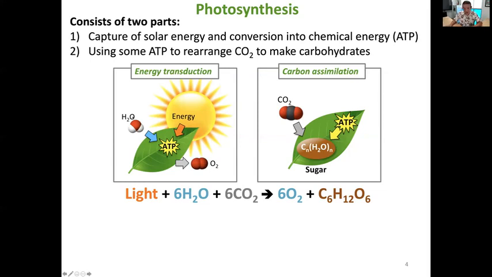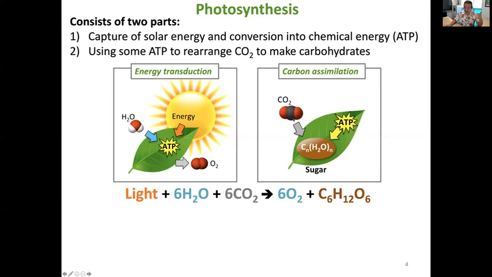The water is important for the first part, the energy transduction part, and the carbon dioxide is important for the second part, the carbon assimilation. Already you might get a sense of how this is going to work. Energy and water are used to make ATP. And one of the byproducts of this is oxygen.